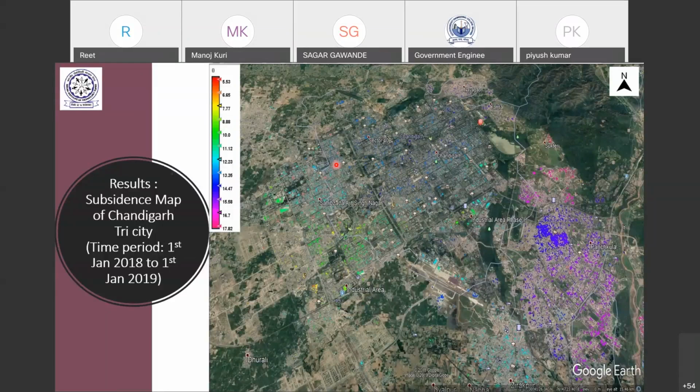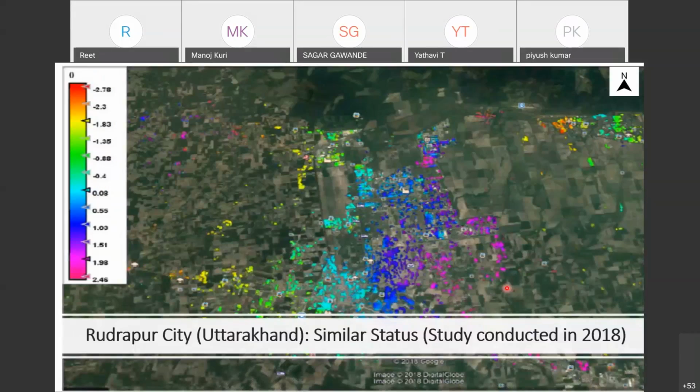If the unit is mm, it means 1 centimeter in a year. So you may feel that this is a very small amount, but over a continuous period this type of subsidence is a very high amount, and it is very dangerous for the buildings. We have even done some field study in this area.